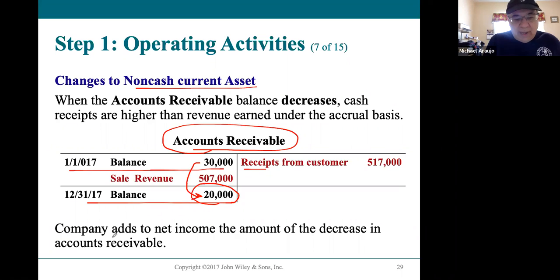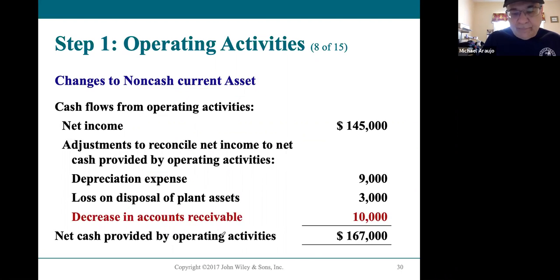So we have to add that cash into the net income. Again, a decrease in receivables means we've received the cash, so we're adding the cash to our cash flow statement.